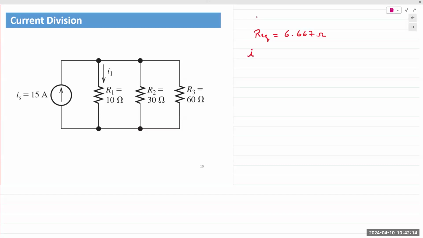And then I1 would be a fraction of IS. The fraction would, of course, be Req divided by R1. So what do we have? 15 times 6.667 divided by 10. What do we have as I1? Should be a nice round number. 15 times 6.667 is about 99.99, divided by 10.